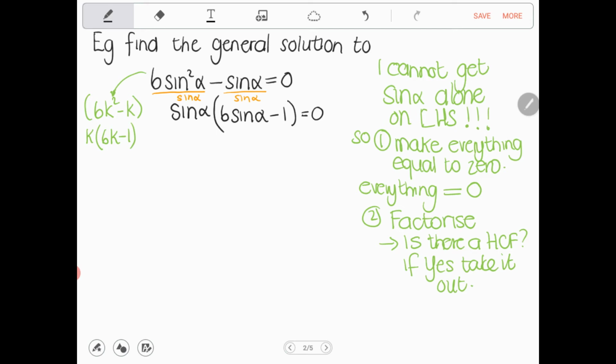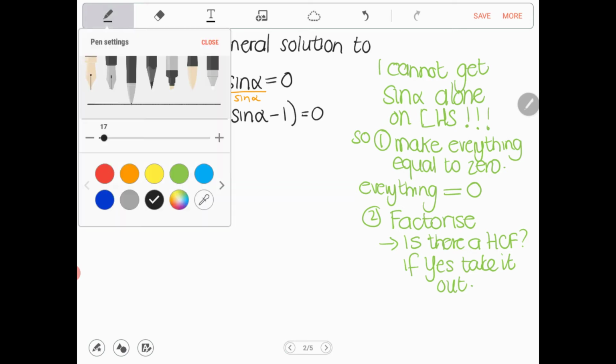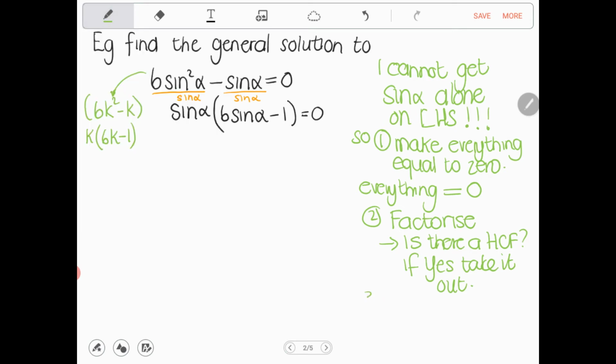All right, once you've taken out a common factor, we use our zero product rule. So you have a product equal to 0. So we're going to say either the one factor is 0.